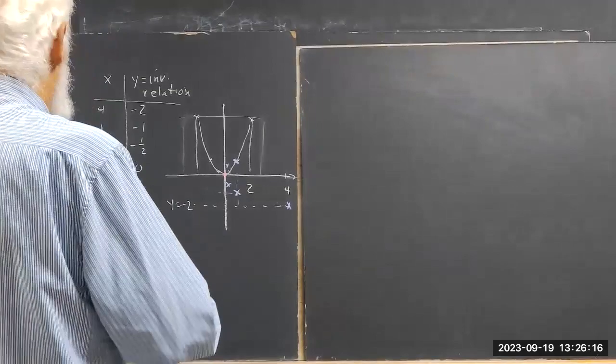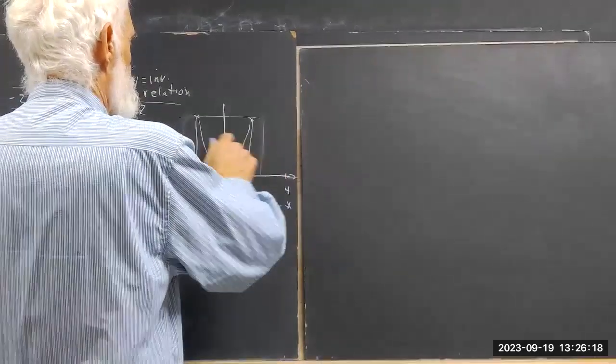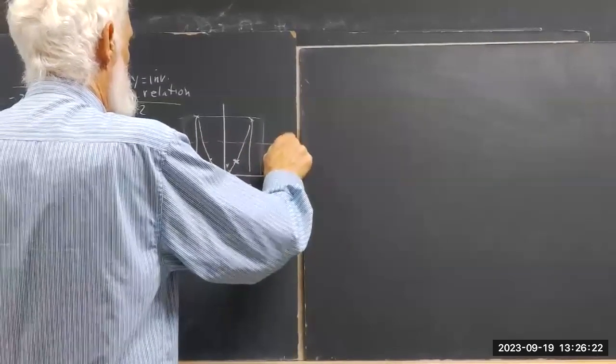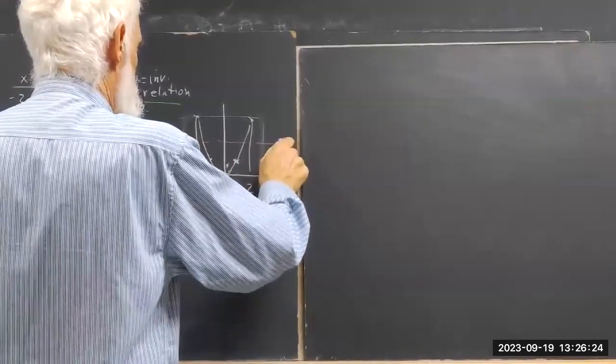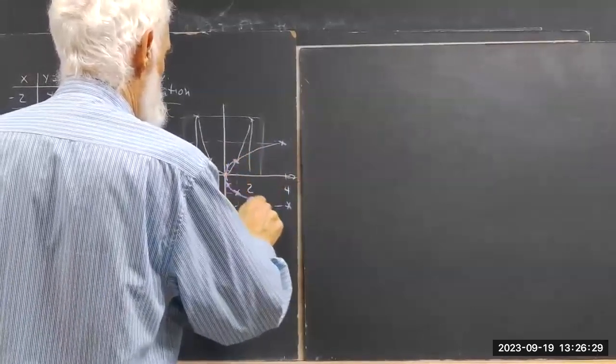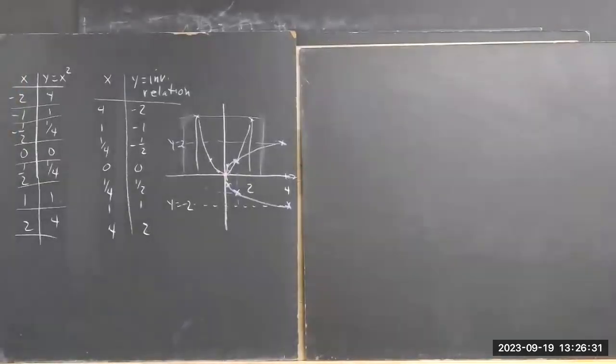And then 4, 2. And what you end up with is a parabola on its side.